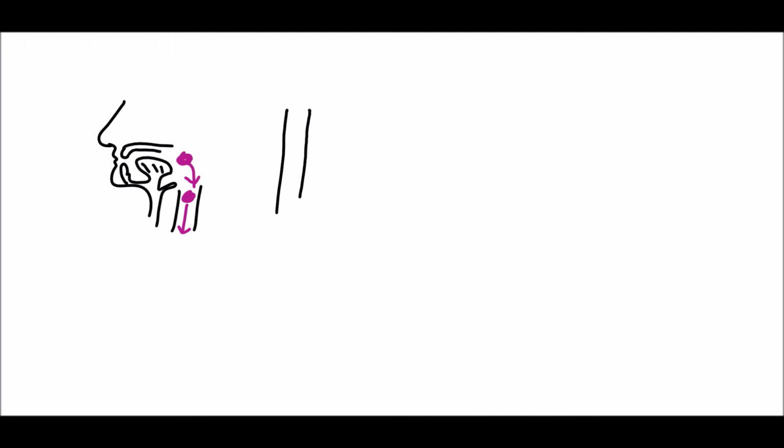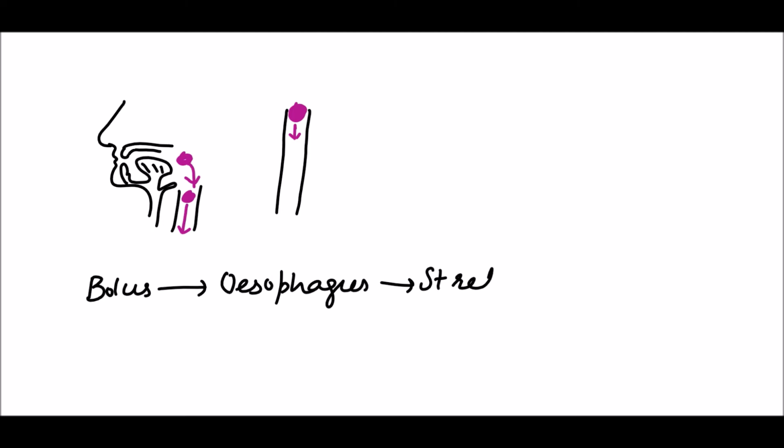Let us draw a magnified image of esophagus and let us try to understand what happens during the process. So this is bolus. Once this bolus goes into esophagus, it causes stretch. So it's a kind of mechanical stimulus in the wall of the esophagus because of this bolus.